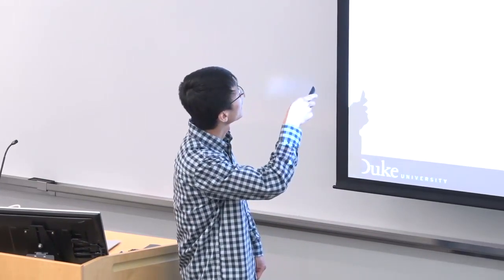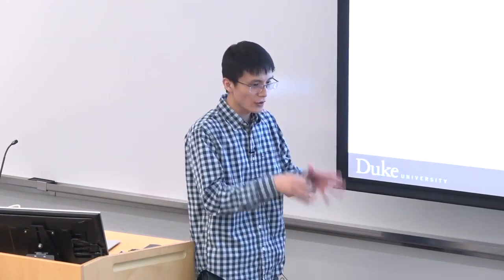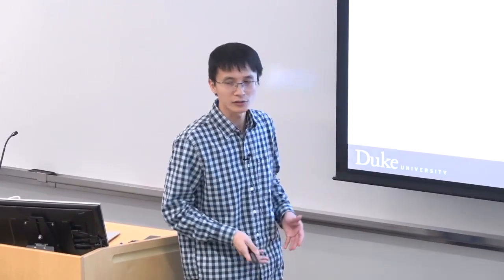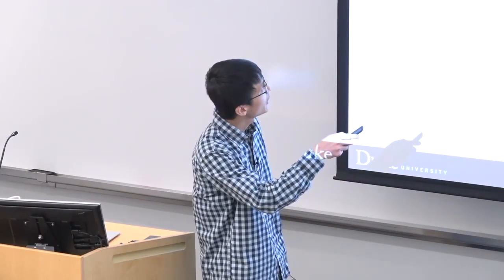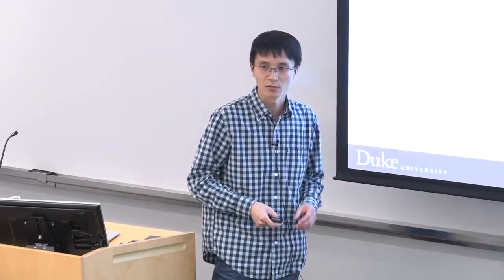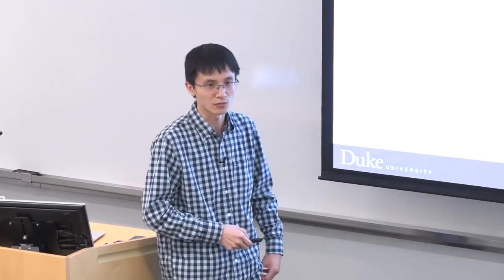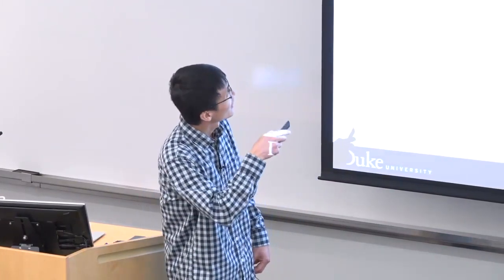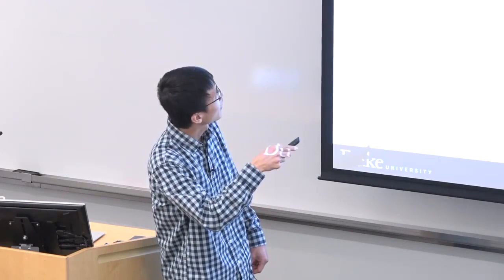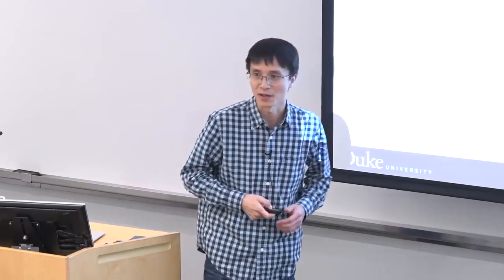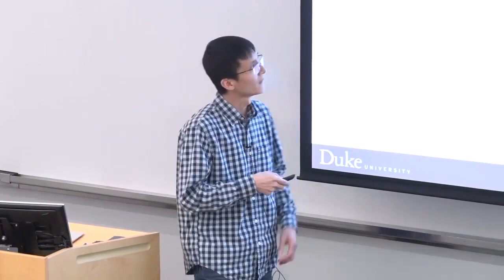They also refer to it as winning tickets. If you train this sub-network from scratch, you can reach similar accuracy within a similar number of iterations. They only hypothesize the existence, but we don't know how to find it.